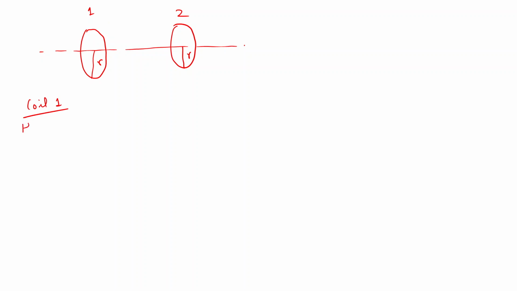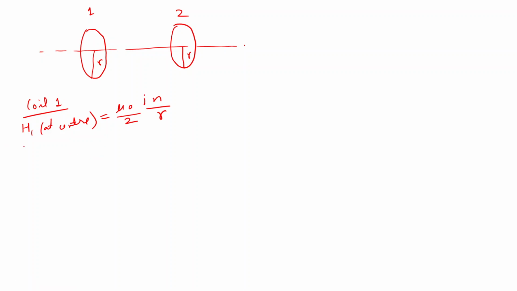Let's call the magnetic field due to coil 1 H1. Then H1 at the center, that is x equal to 0, what will be the magnetic field at the center of the coil? It will be mu naught divided by 2 I n over r, as we had seen in the last slide.